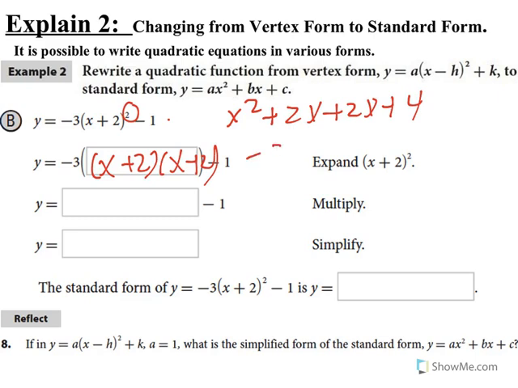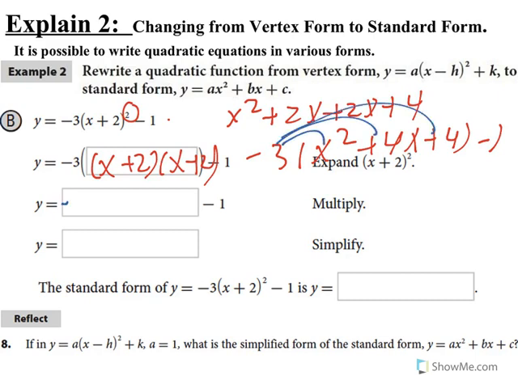So this is negative 3 times x squared plus 4x plus 4 minus 1. And then now we need to distribute this 3 into every one of these. So this gives us a negative 3x squared minus 12x minus 12. And then there's the minus 1, so then combine like terms, so we have a negative 3x squared minus 12x minus 13.